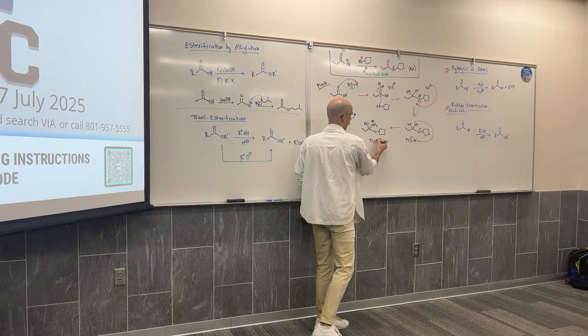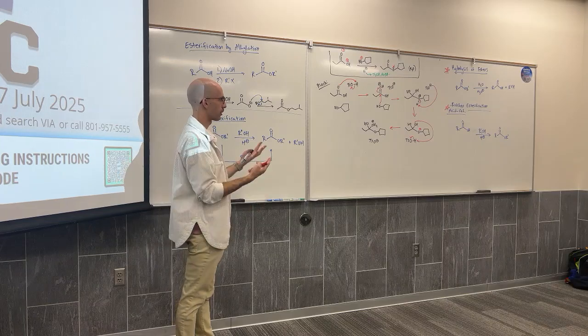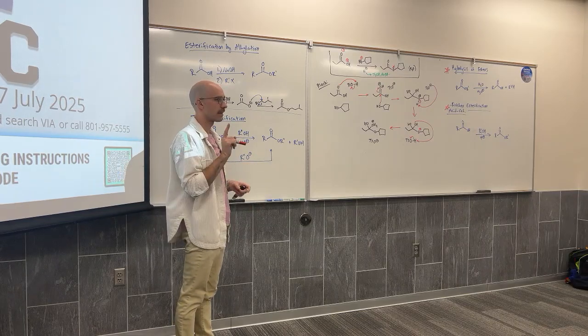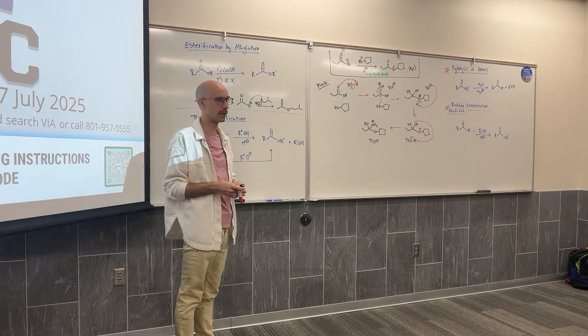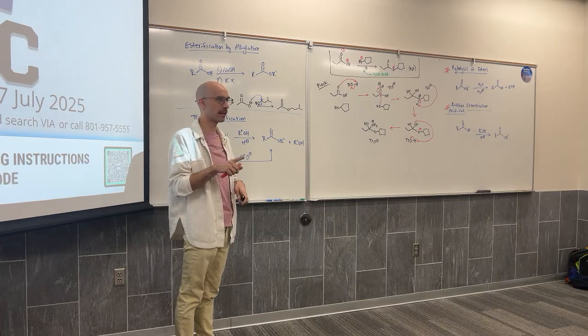What I have now is a good leaving group, OH2+, something that will leave the molecule readily. If it just leaves, however, it's going to leave a carbocation. Carbocations don't love to form, so if they can avoid it, they will.